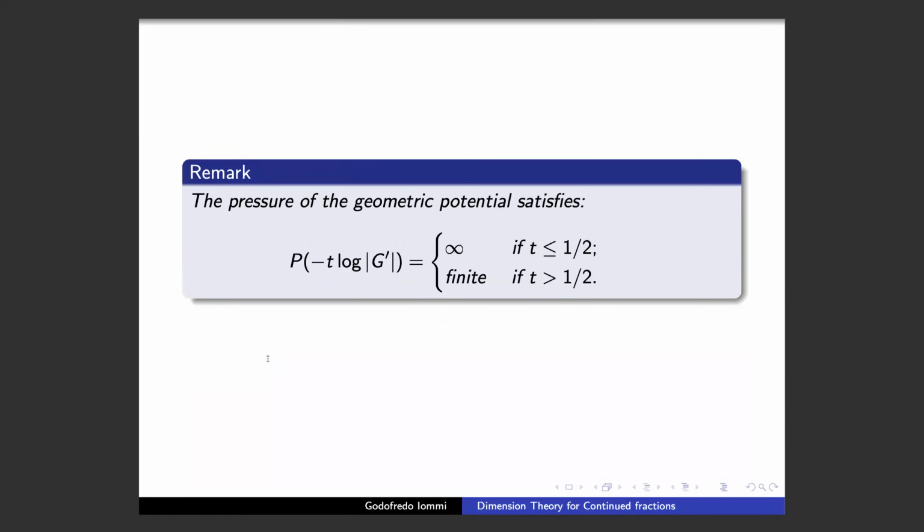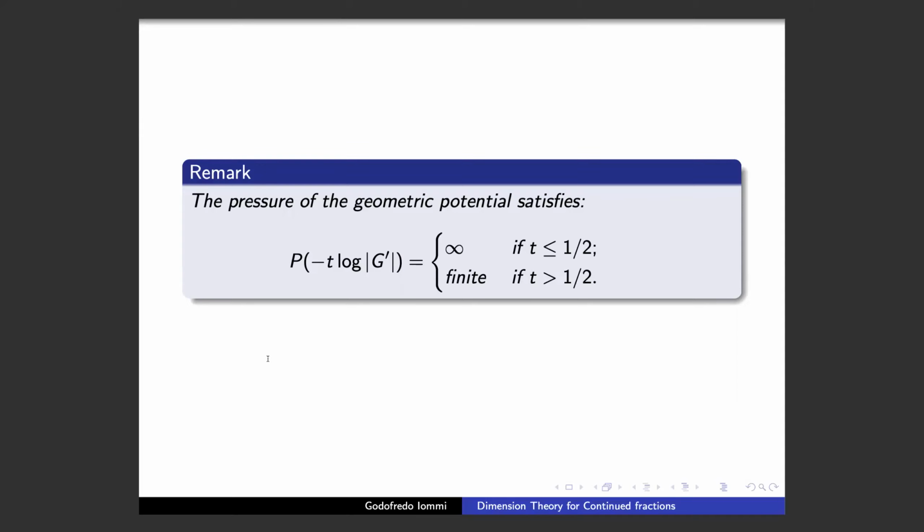Of course, all these three results are, in a sense, captured by the pressure function. Here I'm looking at the pressure function of minus t log of the derivative. And what happens for the pressure function in this setting is that at 1/2, the pressure exhibits a phase transition. For t smaller than 1/2, the pressure is infinity.